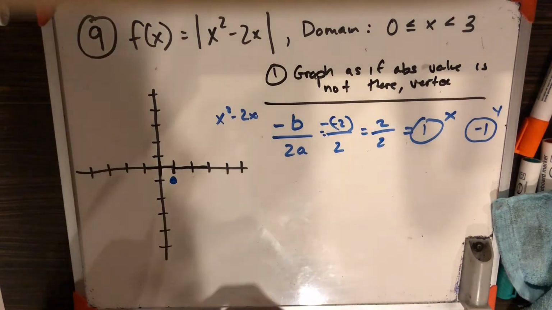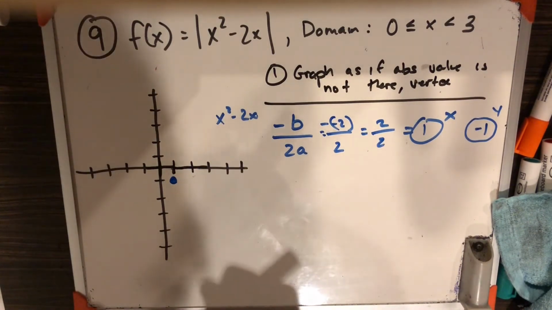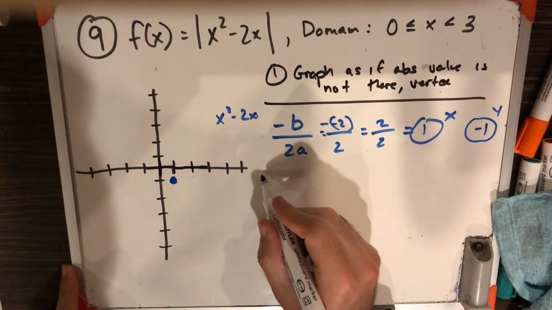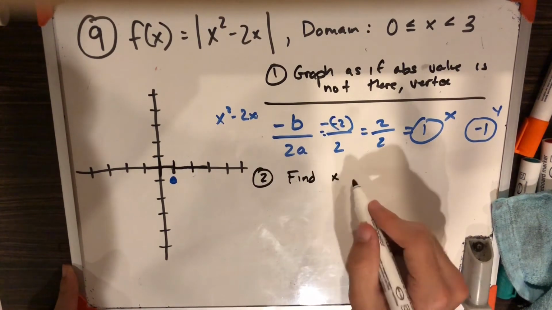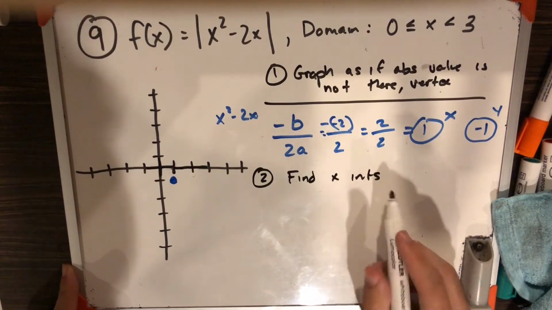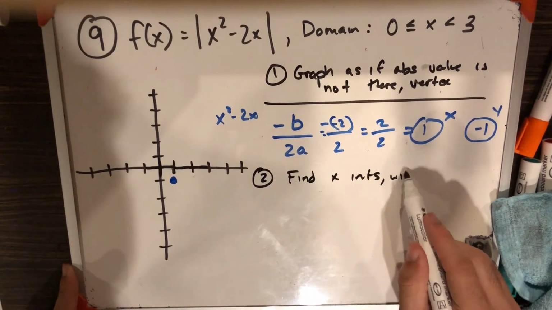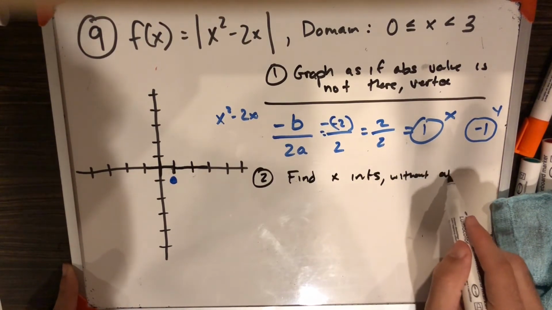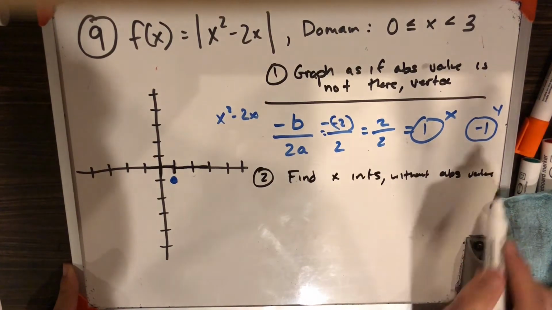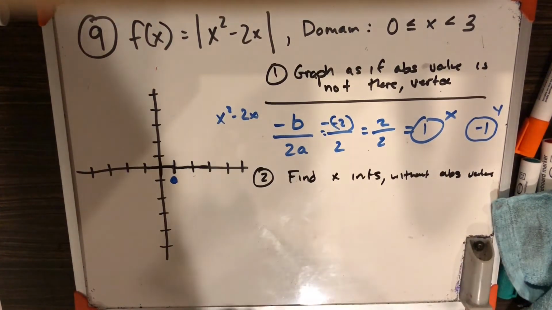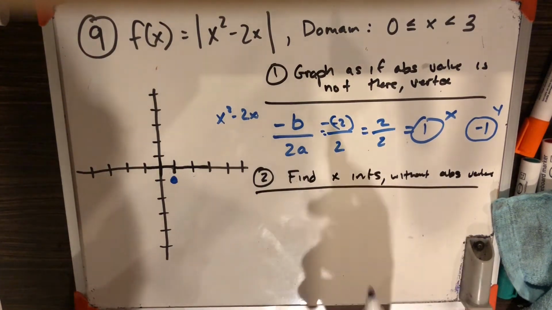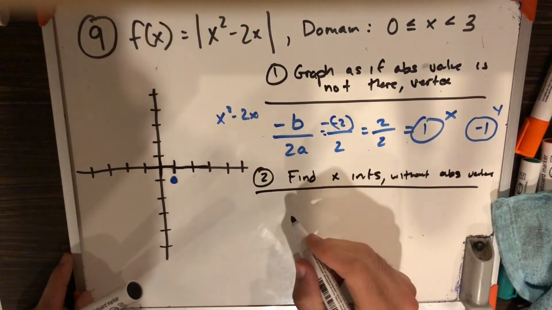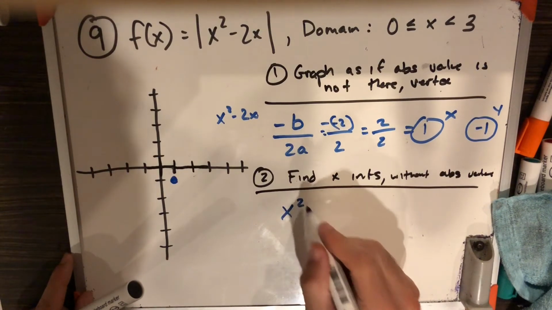Okay? All right. I need to find the x-intercepts now, right? So that would be your second step. Find x-intercepts, again, without absolute value. Okay? So, let's go ahead and do that now, right? How do we find x-intercepts? Well, we just make sure we plug in 0 for y.